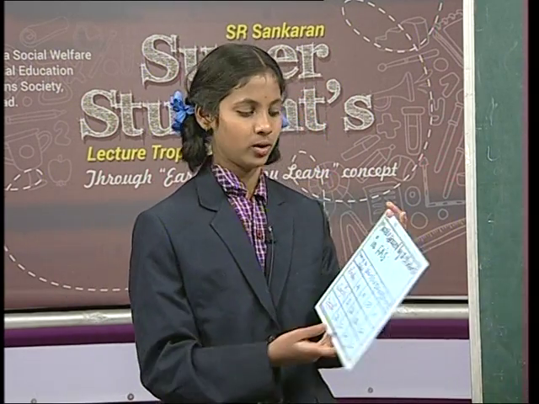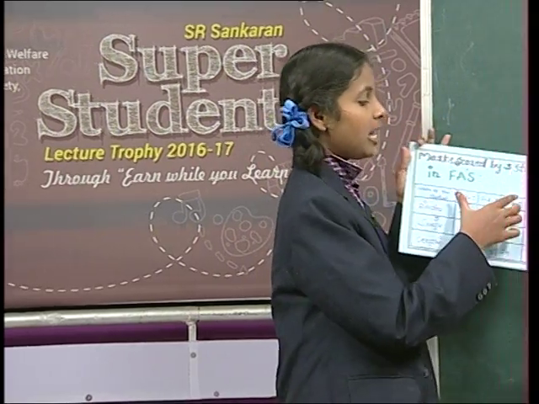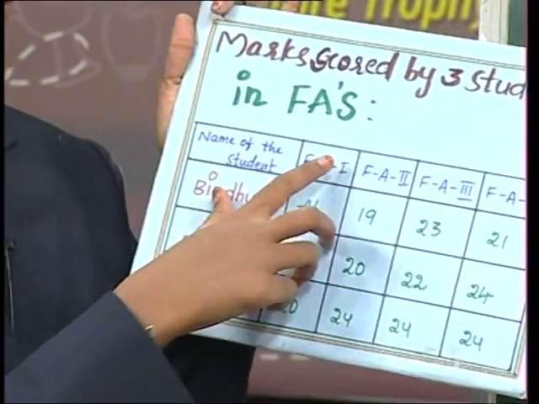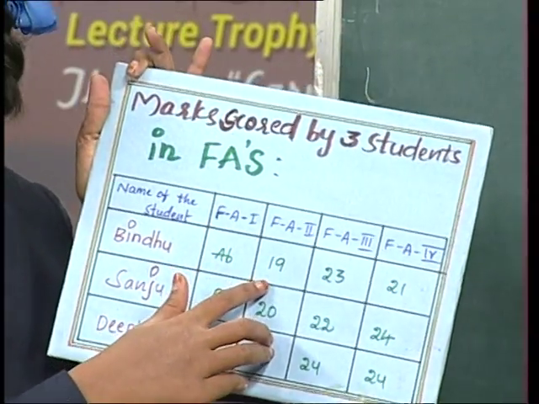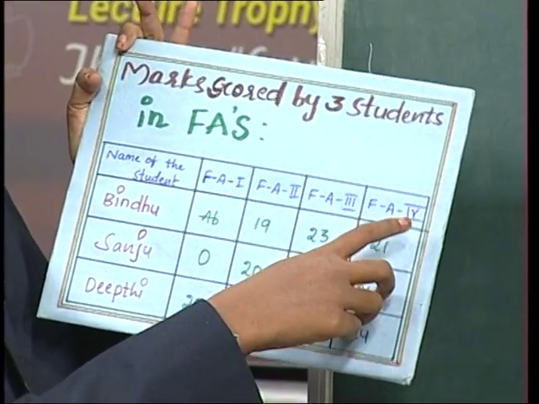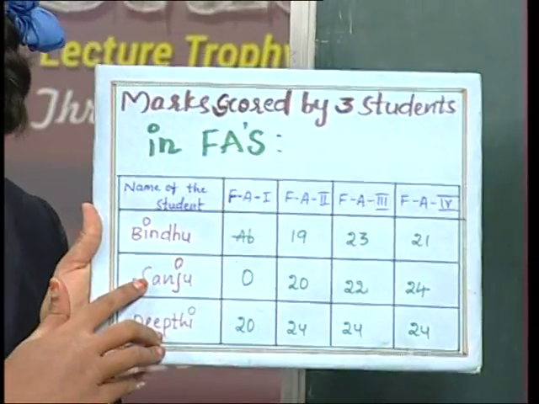Let us see the marks scored by 3 students in different FAs. Bindu in FA1 she is absent. In FA2 she got 19 marks. In FA3 she got 23 marks. In FA4 she got 21 marks. And let us see Sanju's marks.